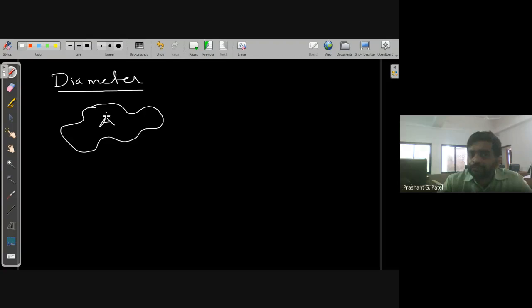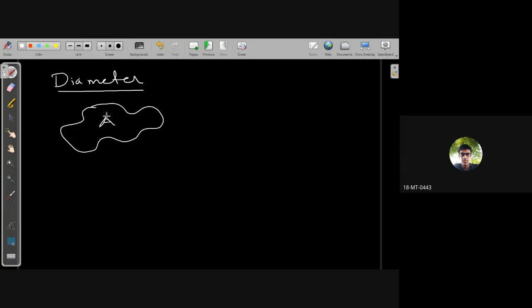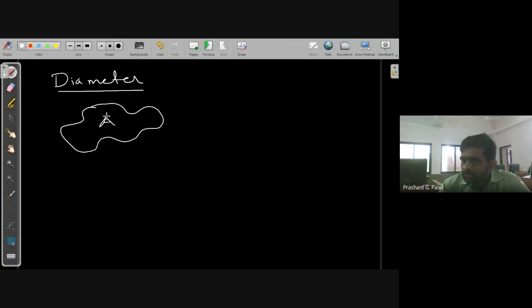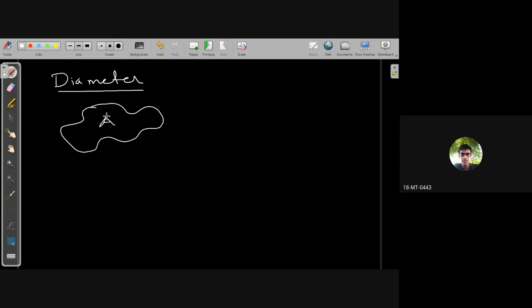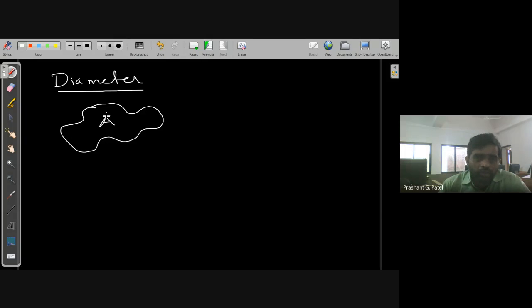In a circle, we take the length of the largest chord. So can I say it is the longest or maximum distance between any two points on the circle? Suppose this is the circle, and it does not look like a circle, but you can assume that it is. This is the center, and you can draw a diameter.